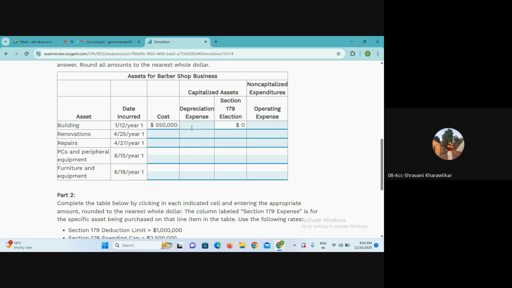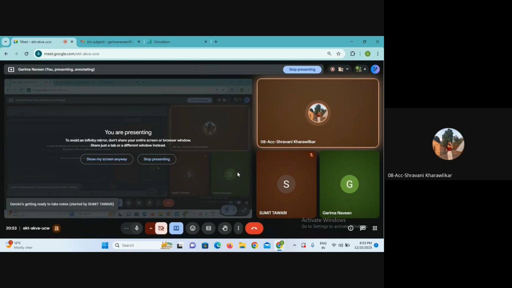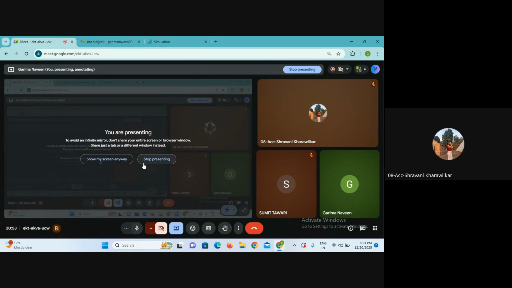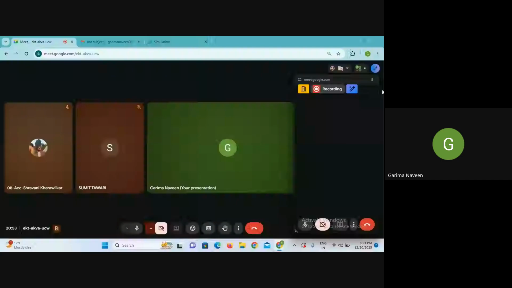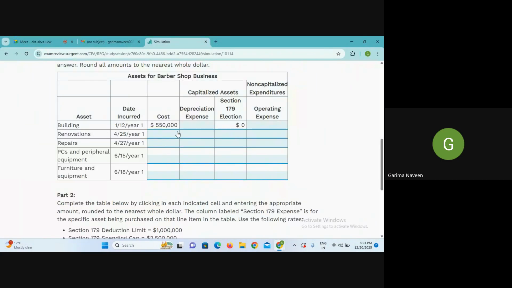Actually, I'm not able to see the screen. You are not able to see the screen. Yeah, actually, the screen is black because of some network. Okay, I will present it again. Okay, now it's visible or not?